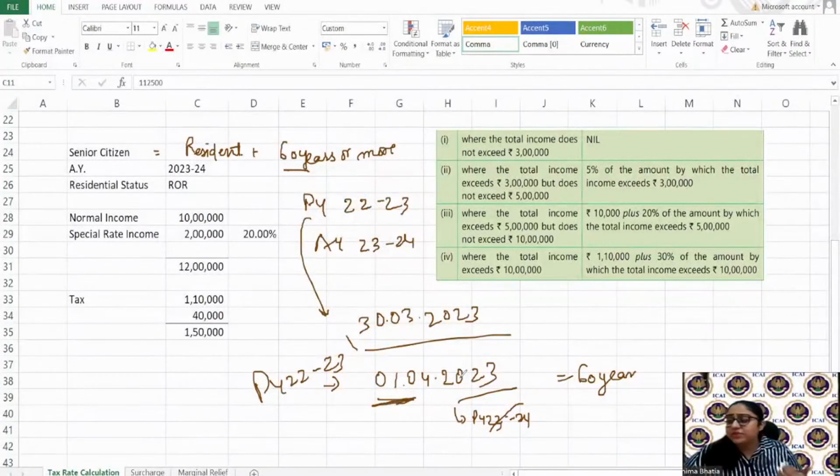Why so? Because you people assume that the year starts from April to 31st March. So that is a particular year. So if I'm 1st April को turning 60, that means 60 मैंने complete कर लिया by 31st March.